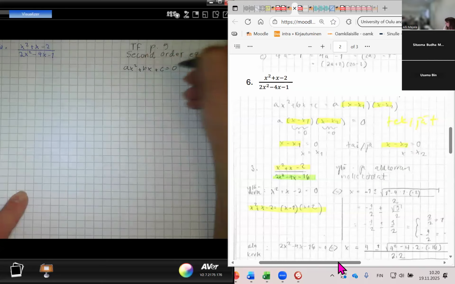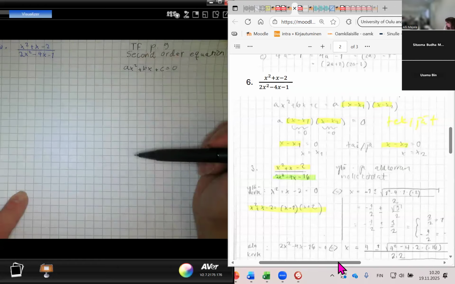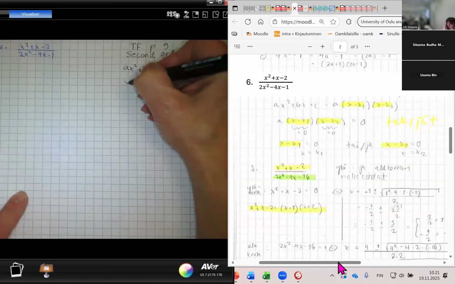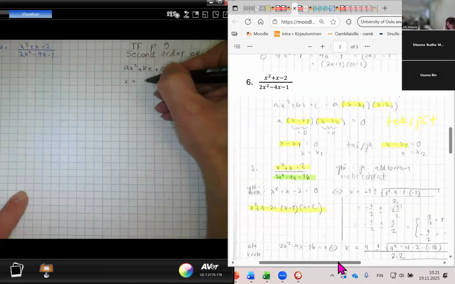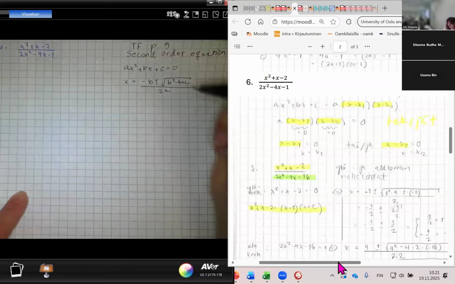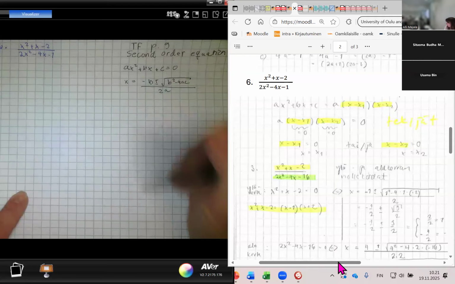So I have to have it in this form, everything on one side and the 0 on the other. From there, I can figure out the roots. And from there, I can rewrite this expression.